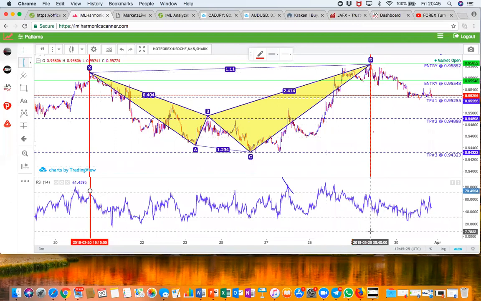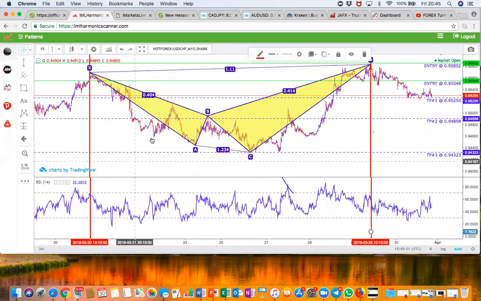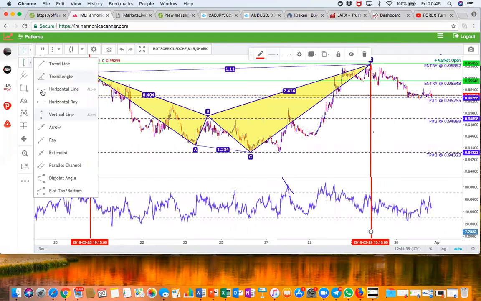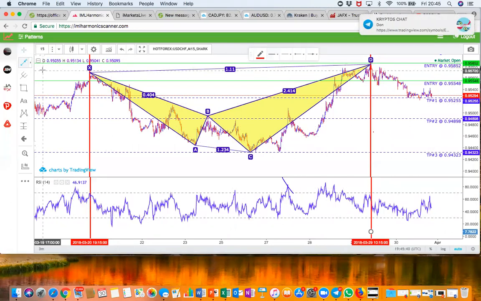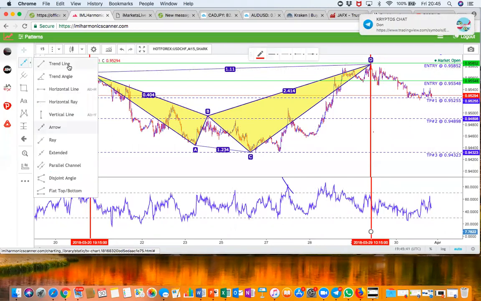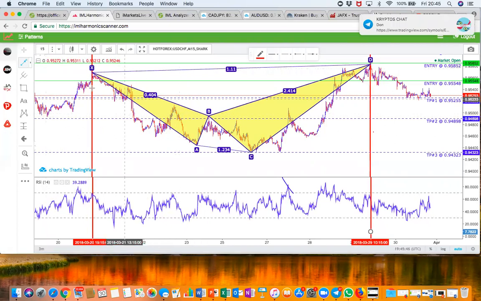So you draw the lines. It doesn't look like there would be a good dimension here, but let's just draw it. So I use the arrow. You can use the trend line if you like, but I always use the arrow.